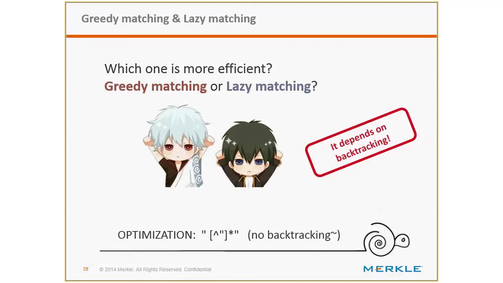Did all of you understand which one is the most efficient one between the greedy and the lazy matching? Anyone has the answer? Can anyone answer the question, which one is more efficient? First one, really. Yeah, yes. There's no answer.